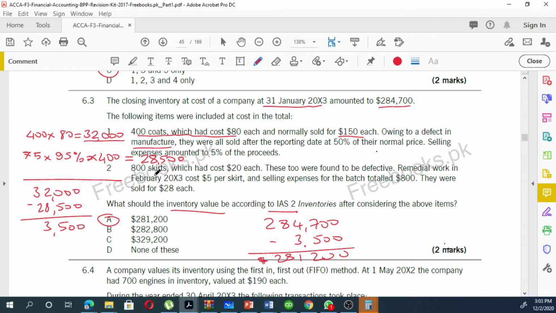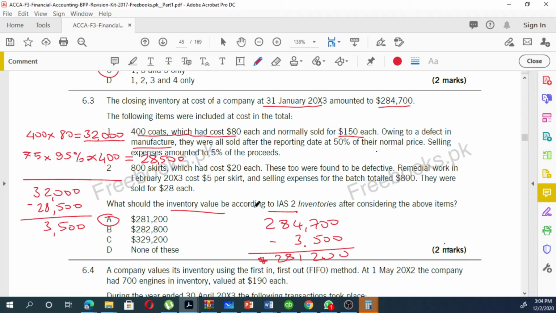But why? Because 800 shirts which had cost $20 each were found to be defective. Remedial work in February 2000 cost $5 per shirt. Selling expenses for the batch totaled $800. They were sold for $28. So at 31 January 2000, the shirts were correctly valued at the cost incurred to date, $20 per shirt, which is lower than the net realizable value of $22.